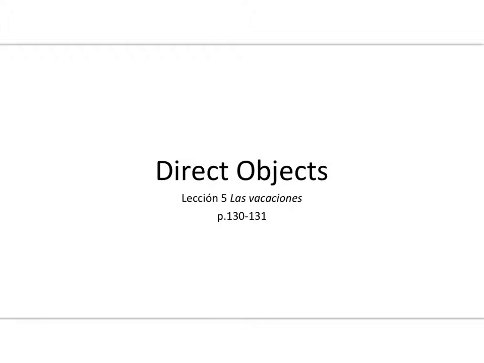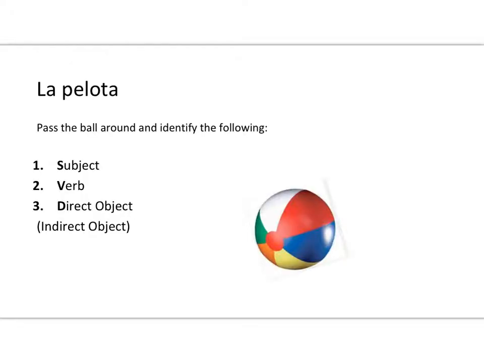So that's why I'm not going to just define what a direct object is in words. Instead, we're going to throw a ball around. Because when we throw the ball around in Spanish class, in English, it becomes super obvious what the direct object is.